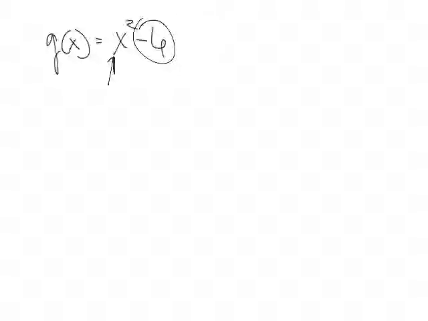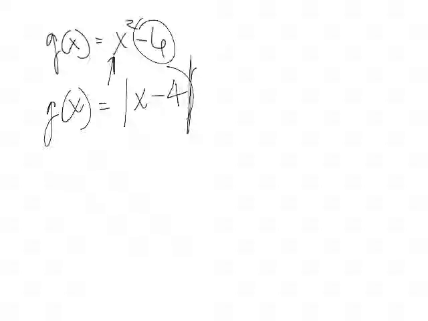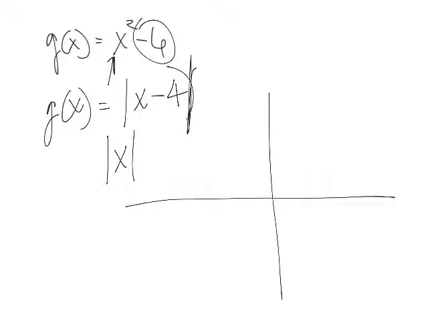If we look at B, what does it say? g of x equals the absolute value of x minus 4. So the thing that's different is the absolute value of x gives me a graph that looks like this. Okay?